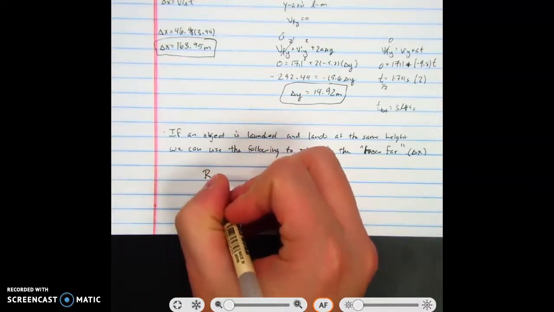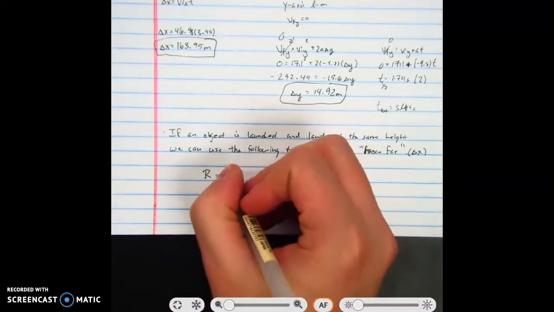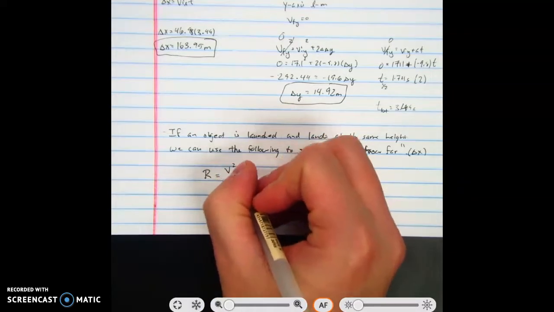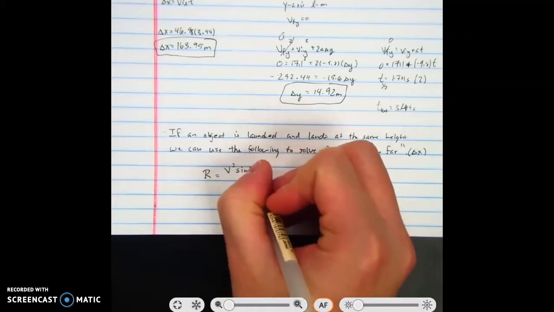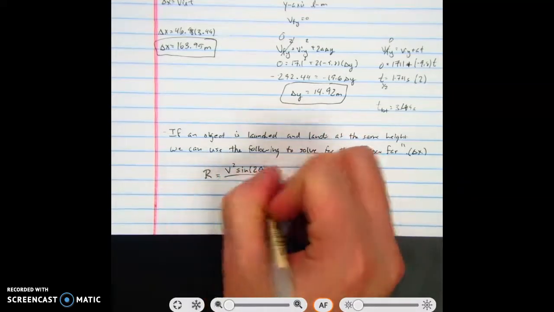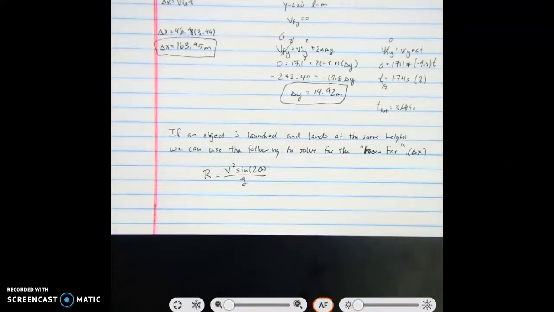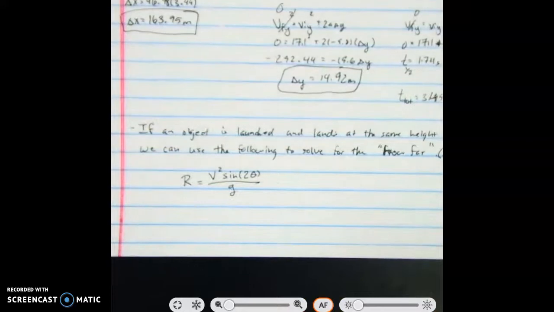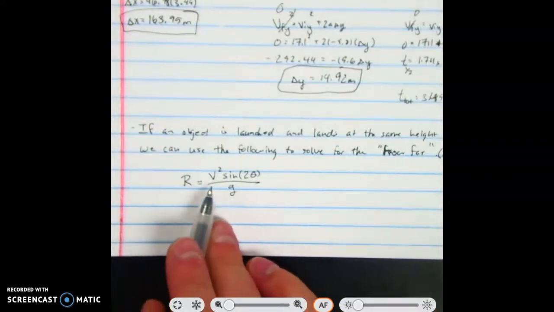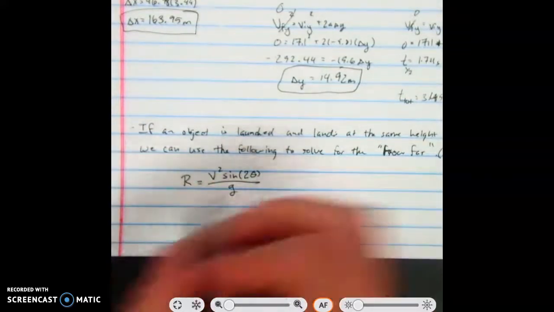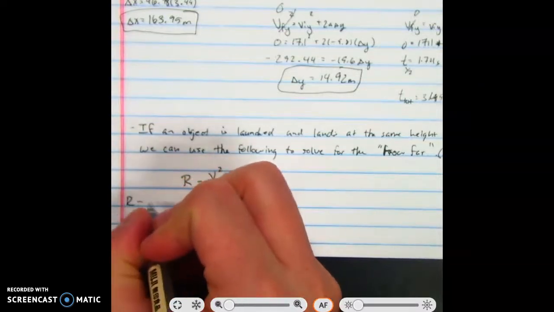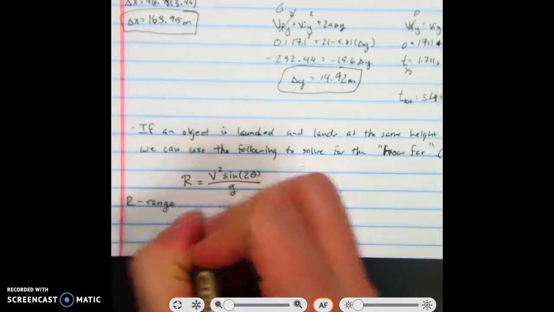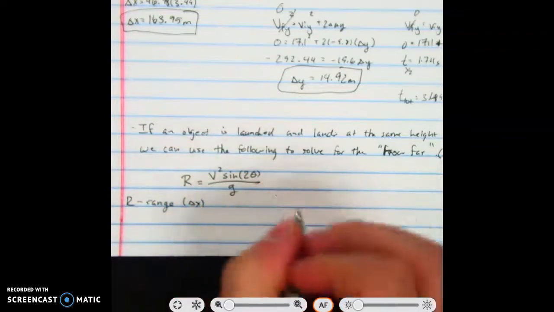Capital R is equal to v squared sine 2 theta over g. I'll zoom in a little bit. R is equal to v squared sine 2 theta over g. So R is called your range. Think of that as your delta x.